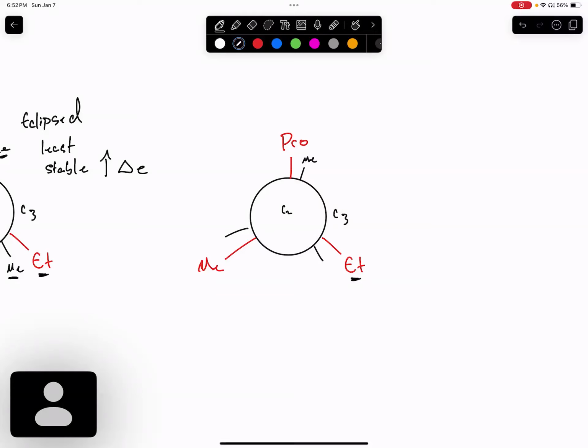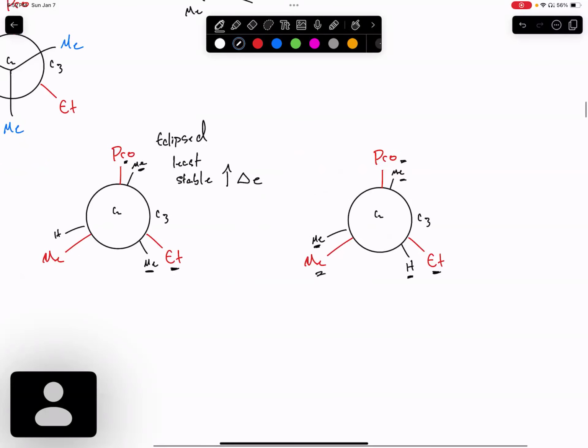I have methyl here, but now I have a hydrogen-ethyl interaction, a methyl-propyl interaction and a methyl-methyl interaction. If you compare these two, this one would be a little bit more stable than what we drew originally.